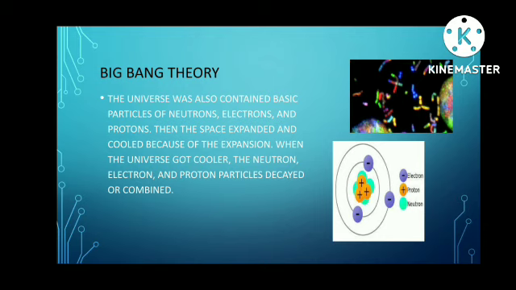Then the space expanded and cooled because of the expansion. So in this case, it can create the first atom because it is being cooled because of the rapid expansion. So when the universe got cooler, the neutron, electron, and proton particles combined to form the first atom.